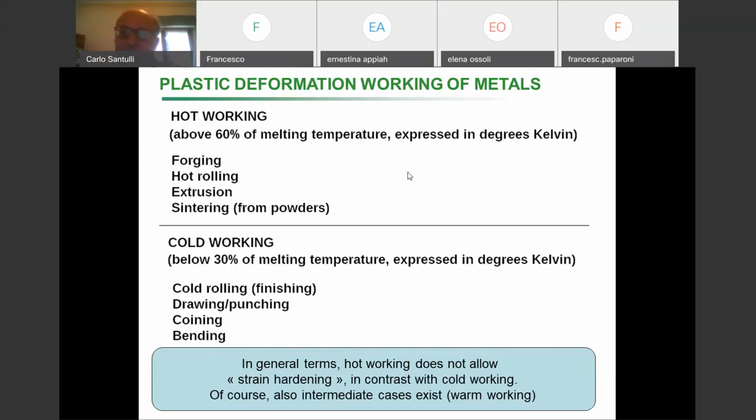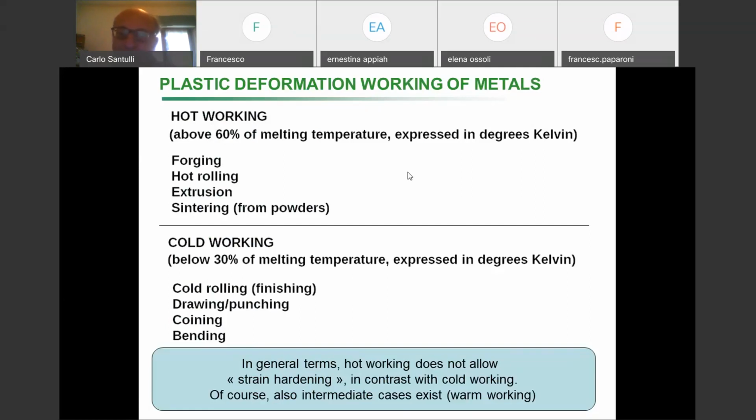Extrusion is very diffuse. And rolling, you may have hot or cold rolling. Basically, you create some flat sheets, which you can then draw into other structures.